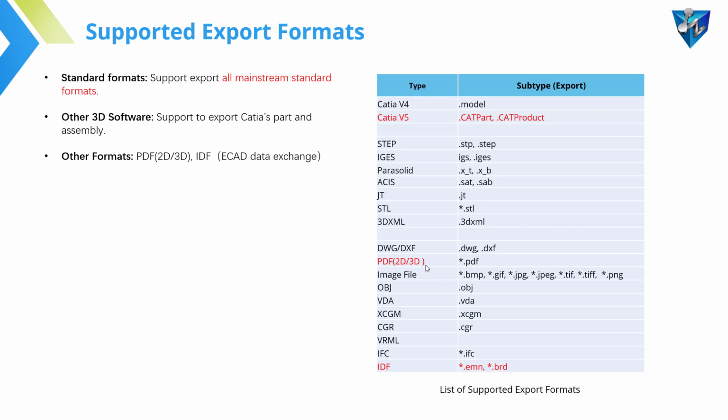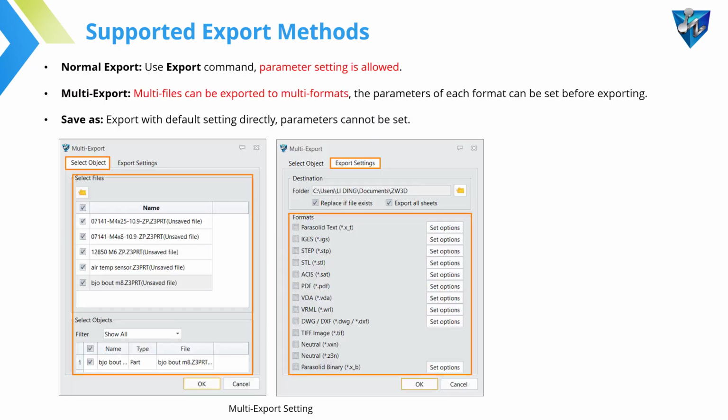Next, supported methods. In ZW3D, there are three methods. First, normal export. This is the most common way, in which you could set parameters before export. Second, multi-export.